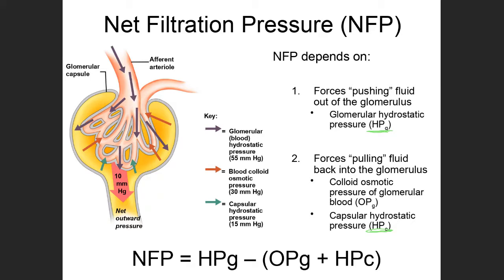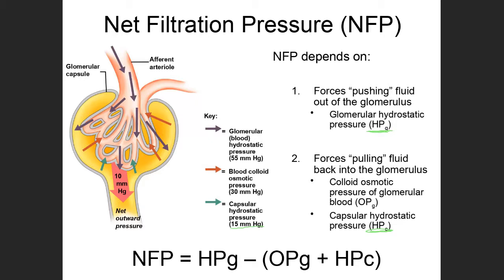And those things collectively are creating a fluid pressure that's a back pressure on the glomerulus that's tending to oppose substances moving out of the glomerulus. And that's our capsular hydrostatic pressure, or HPC. That particular pressure is equal to about 15 millimeters of mercury, and it's represented by the green arrows on this diagram.